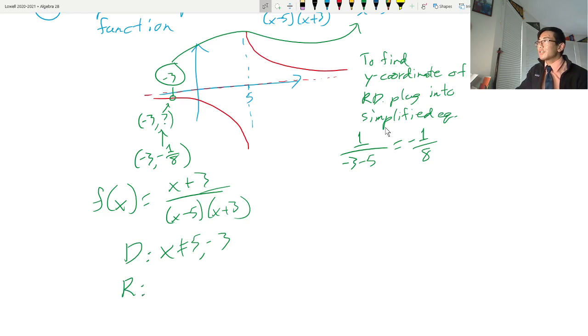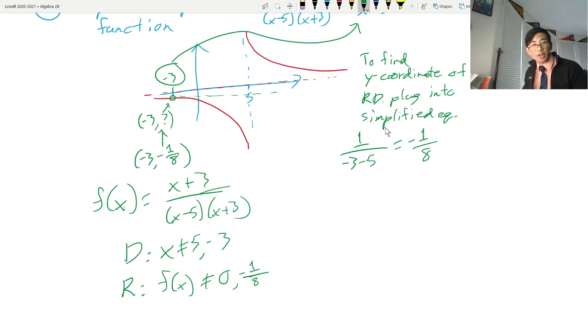And for our range, the y value cannot be 0, so f of x cannot be 0. Also notice that it cannot be equal to negative 1 over 8, because that point has been plucked out of the graph.